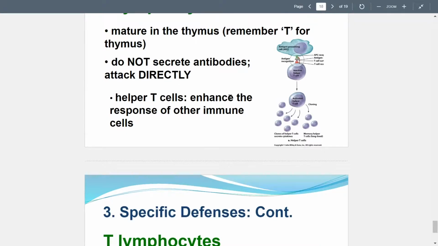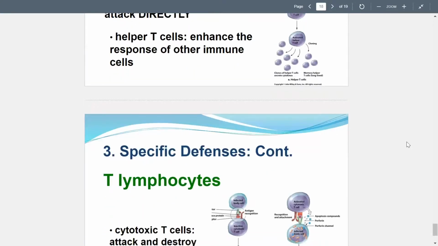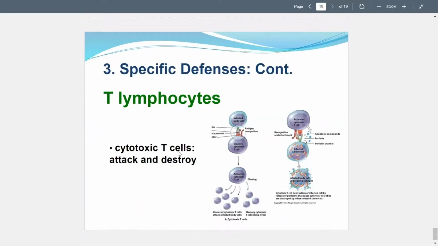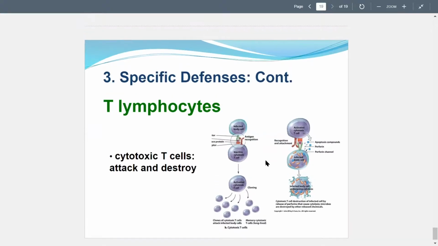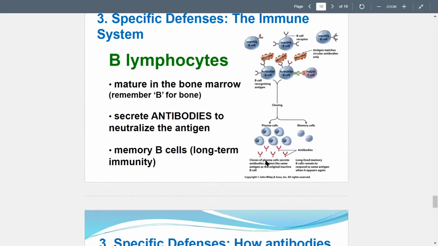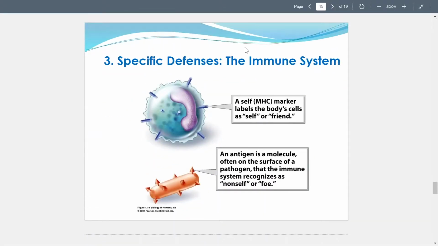It's basically like the boss, telling which cells to attack. The cytotoxic ones attack and destroy the antigen.